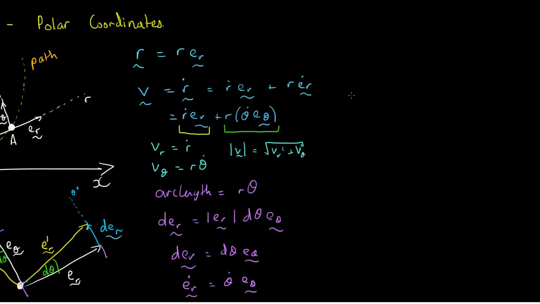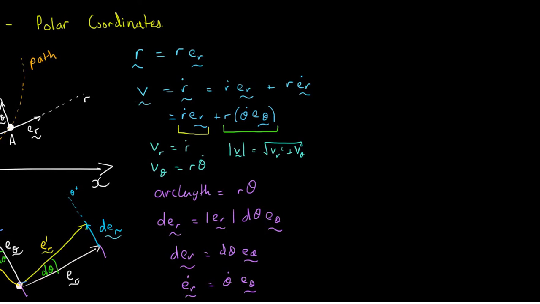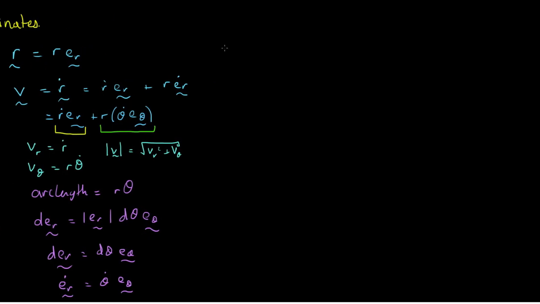But what about acceleration? The acceleration vector is the derivative of the velocity vector with respect to time, which is going to be the derivative, and I'm going to take this expression for velocity and differentiate this one.